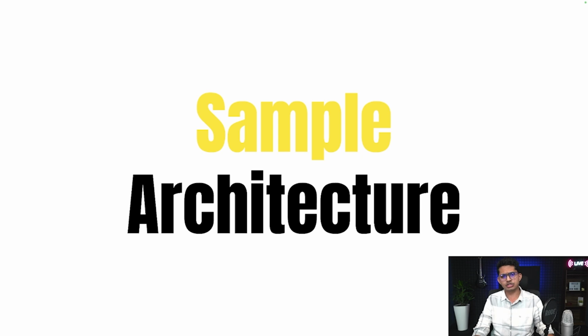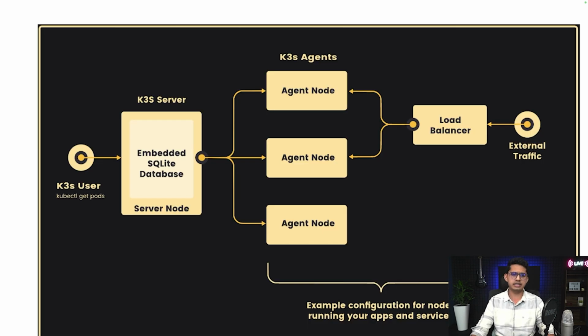Next, just to give you a visual representation of how it looks, I've taken this diagram from the official documentation. As you can see, this is a K3s server with which a K3s user, manager, DevOps, or infra person interacts using the kubectl CLI.